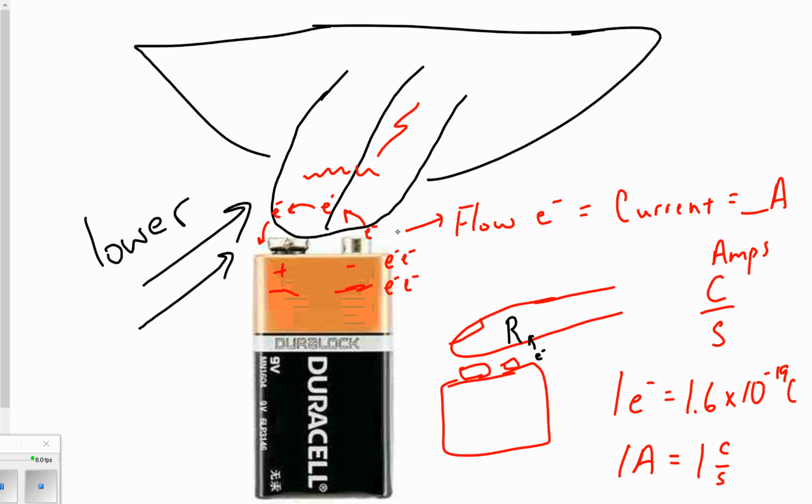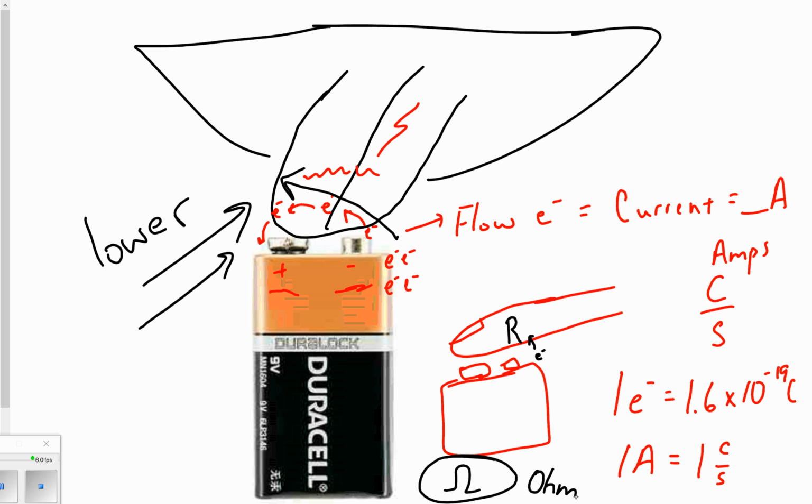So you're able to have this flow take place through your tongue. Now, this idea of resistance is usually measured in ohms, and we'll fill a table out in a second. I know that's kind of an odd looking little Greek letter for you there, but it's what's known as an ohm. And so that's how we measure resistance.